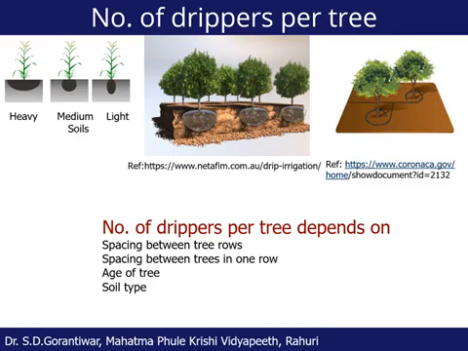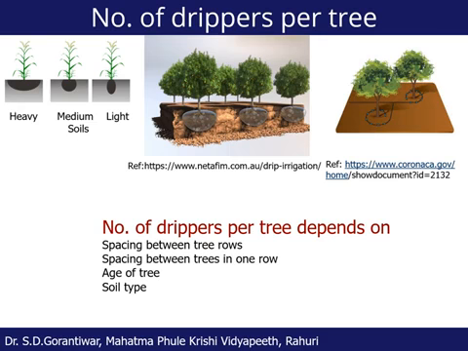So we have to wet the entire active root zone, which is equivalent to the canopy area. And this canopy area depends on the age of the tree as well, because as the age of the tree goes on increasing, the canopy area will also go on increasing, and therefore the area to be wetted per tree will also be more.